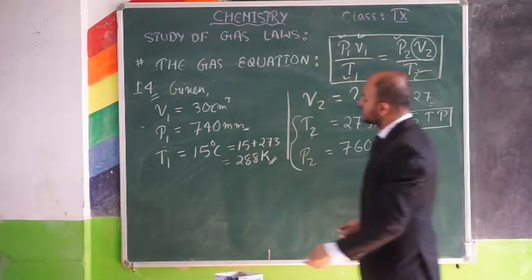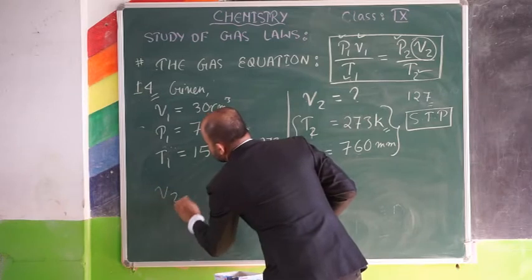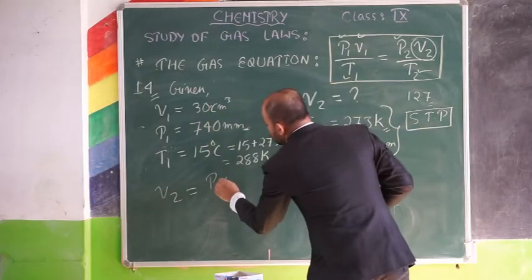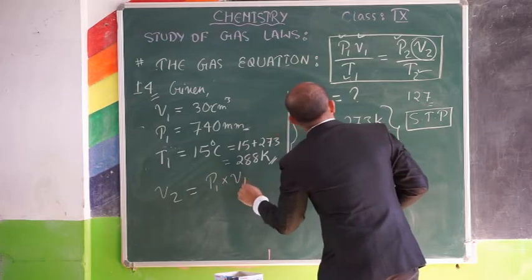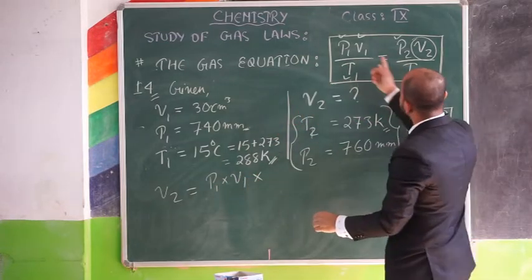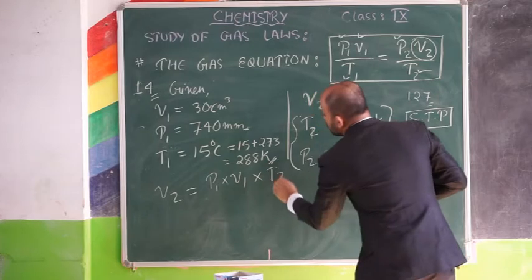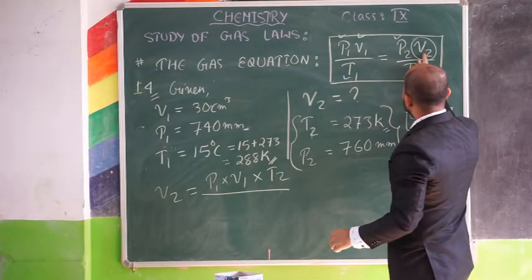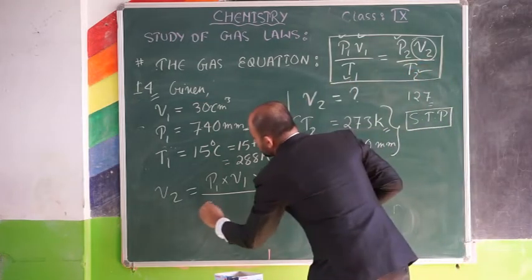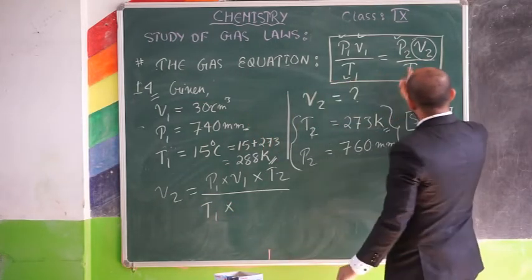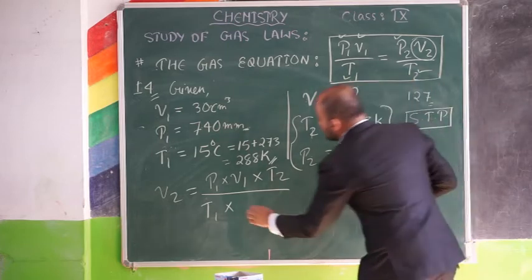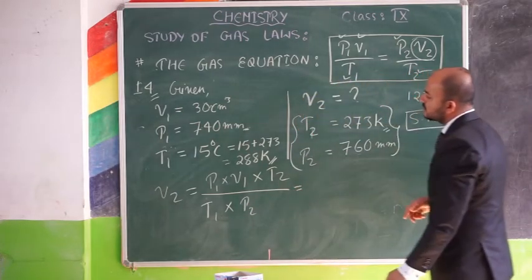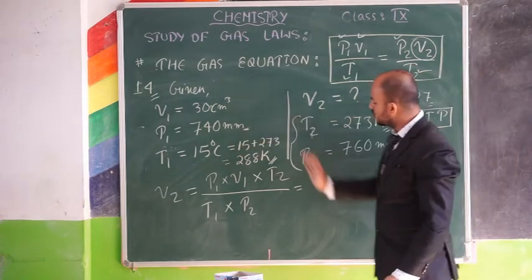So let's calculate V2. V2 will be equal to P1 into V1 into T2, divided by T1 into P2. So now put the values, whatever information you have written, here.